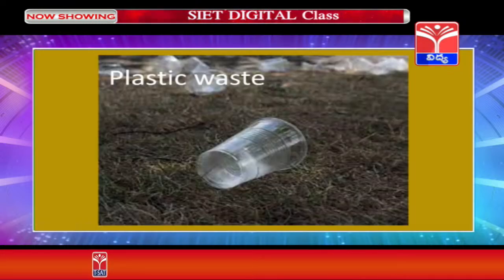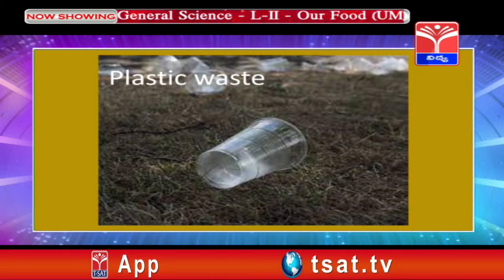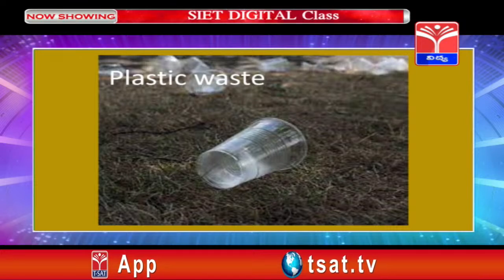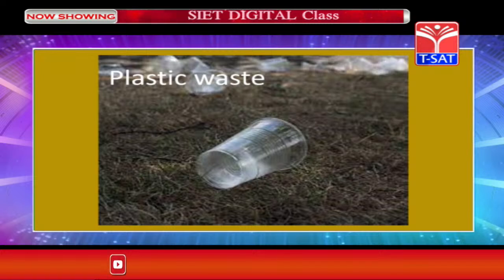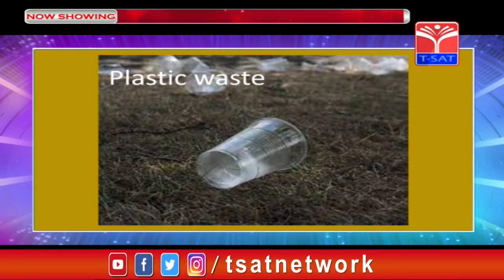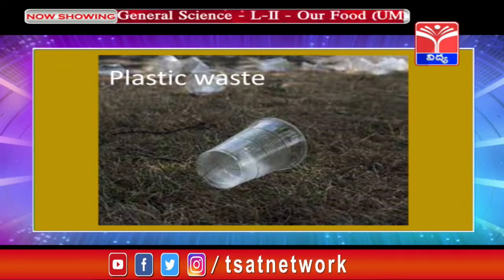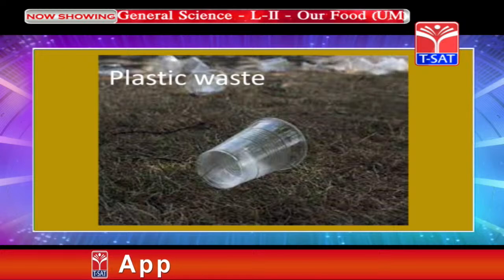Now observe the picture. What is it? We are using so many plastic glasses, plates or bowls in the functions and parties. So much plastic waste is getting onto the earth. It is very hazardous to the environment.